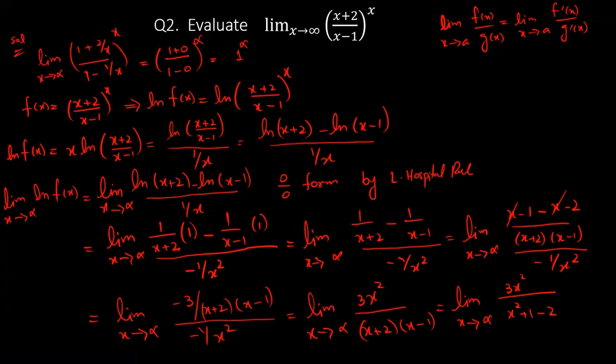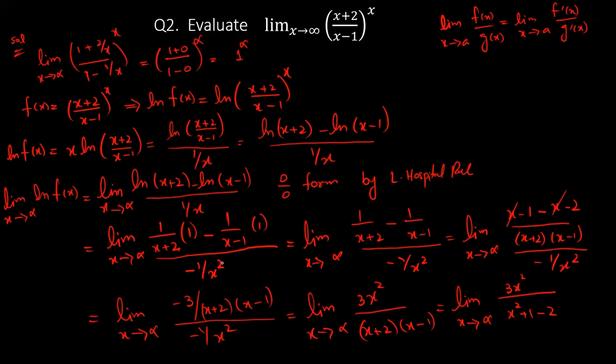So now we need to compute the limit. When we apply limits directly, we will get infinity by infinity form. Because we now know L'Hopital rule, we can apply it, or we can use other methods we learned in chapter 2 for situations like infinity by infinity.